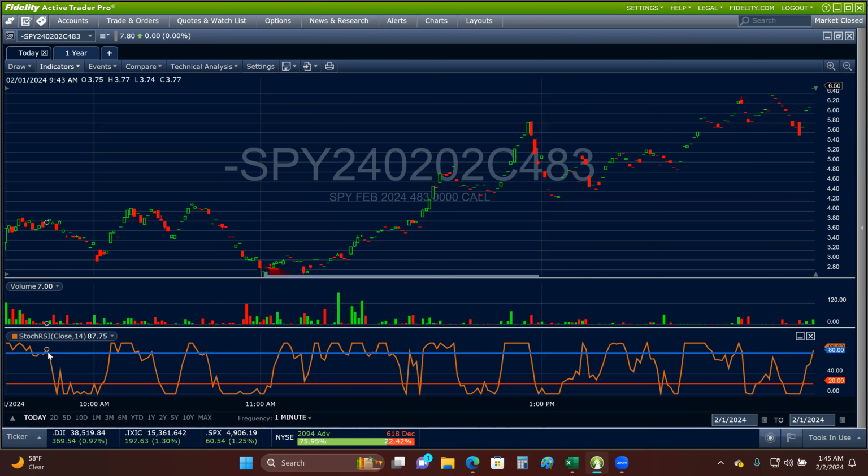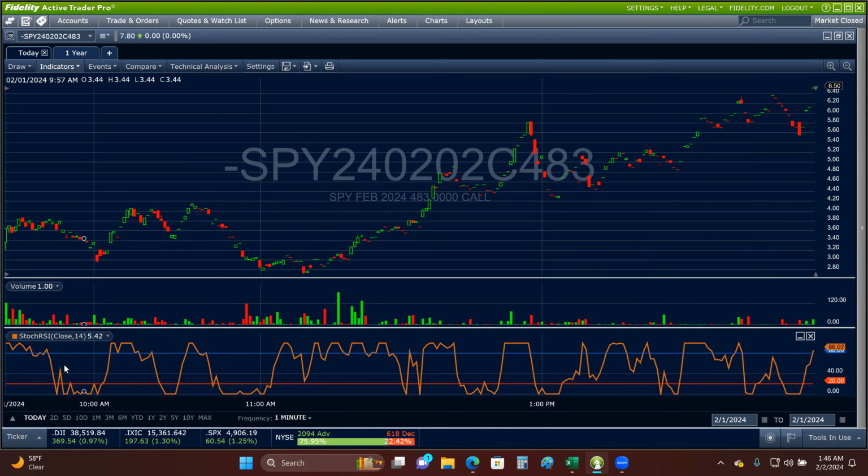Typically what I'm looking for is a line on one of these stochastic lines that starts above the blue line. This blue line right here is the overbought line, the 80% line. And this red line going across the horizon is your oversold line, meaning below 20%.